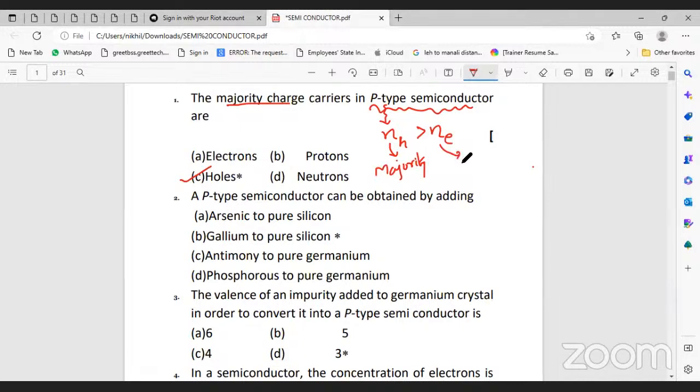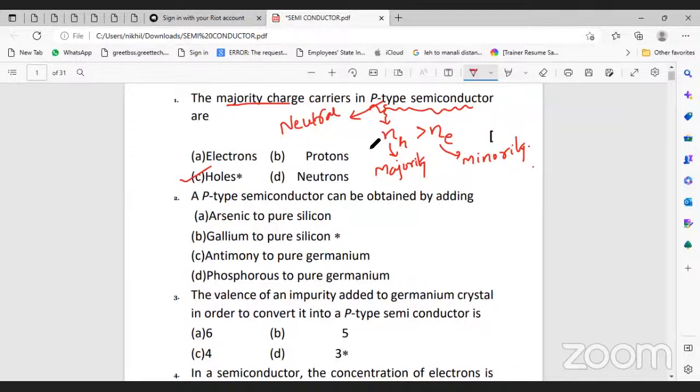Which will be the minority charge carriers then? Free electron. Free electron is the minority charge carrier. And also please remember this p-type semiconductor is electrically neutral. So since the majority is holes, don't conclude it is a positive type semiconductor. No. P-type semiconductor is electrically neutral.